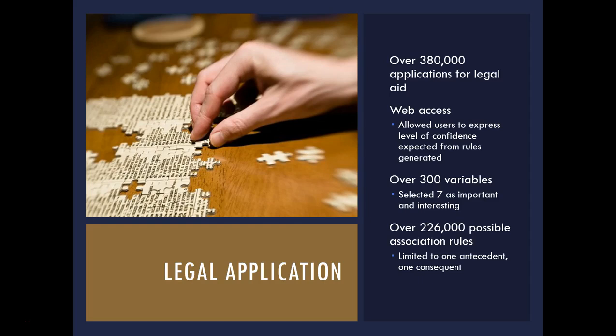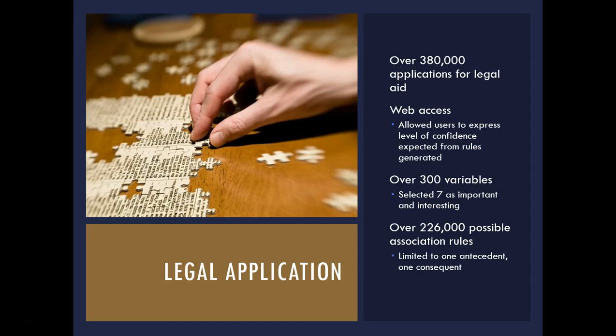So in another legal application, there were over 380,000 applications for legal aid. Web access allowed users to express level of confidence gained from the rules that were generated by the computer algorithm. The system included over 300 variables, and 7 of those variables were selected as the most important and interesting within the context of what we talked about earlier.